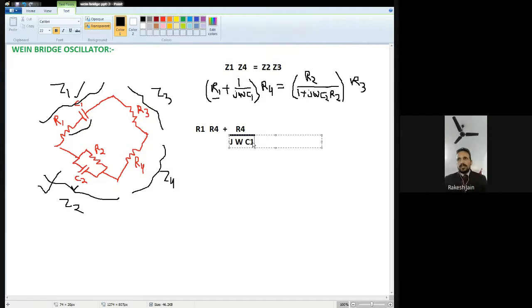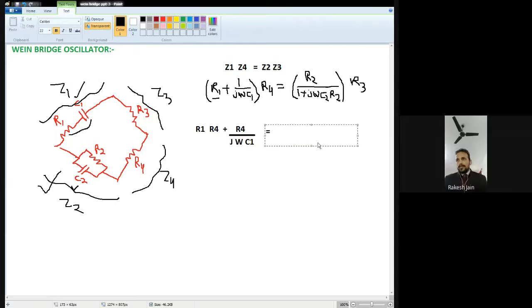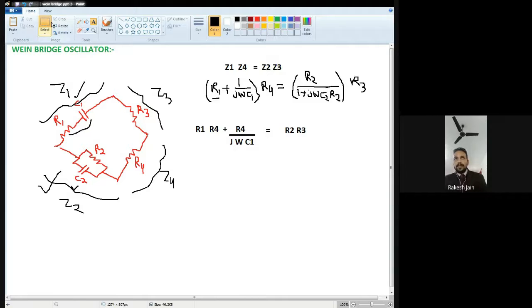Then it must be equal to R2 R3 divided by 1 plus j omega C2 R2.